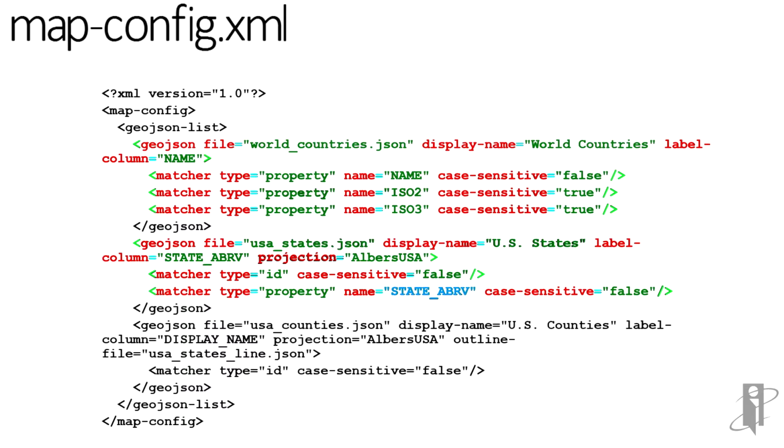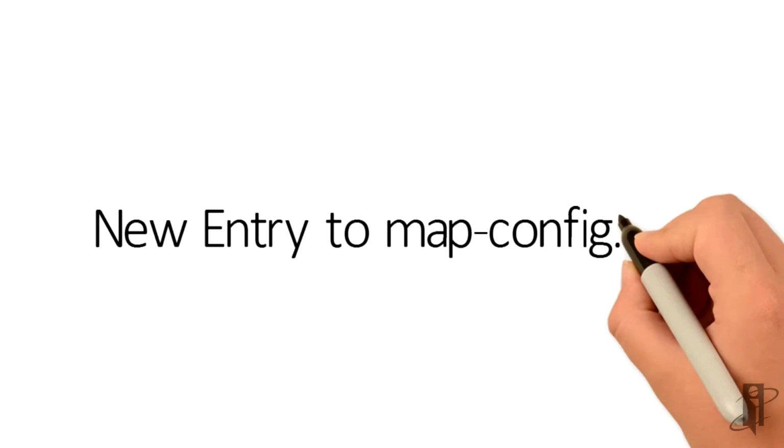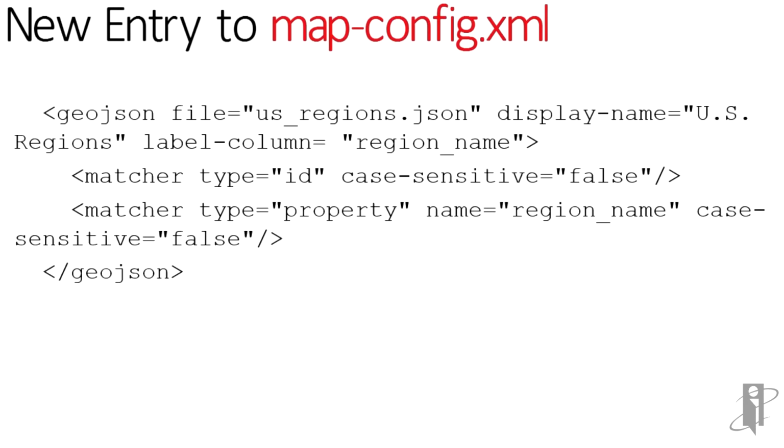That's our link, just like in OBIE. For counties, the link is going to be on the ID column of that table, which in this case is the FIPS code. We're going to be adding in a custom region, so we have a region name, and that would need to be in the data that we would be linking to.